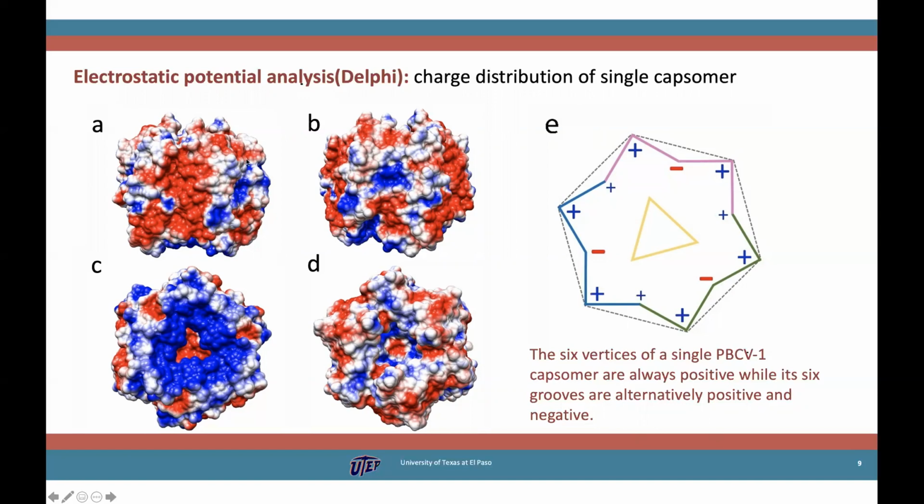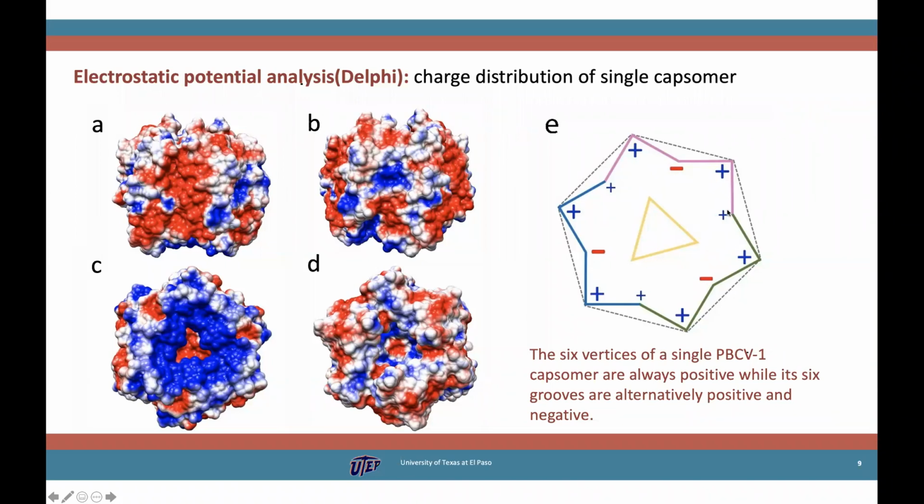If you map the entire surface charge onto a pentagon, you will see the charge distribution is something like that. On the edges, it's always positive. On three surfaces, it's negative, a strong negative, which is shown here.